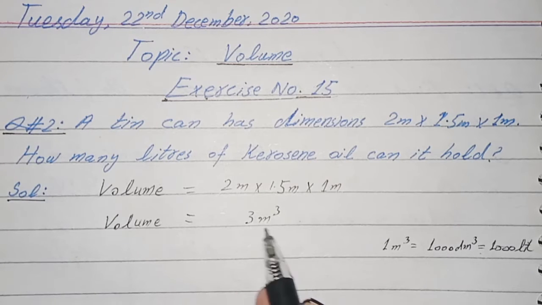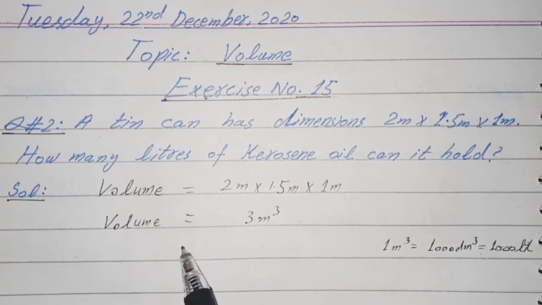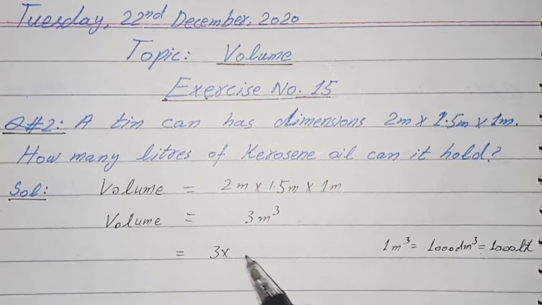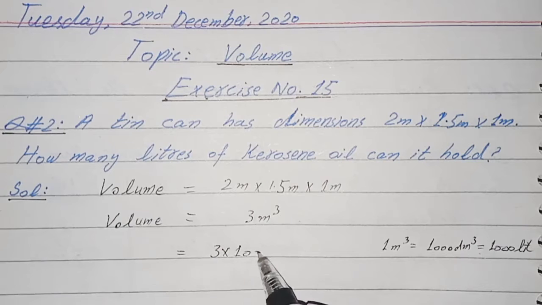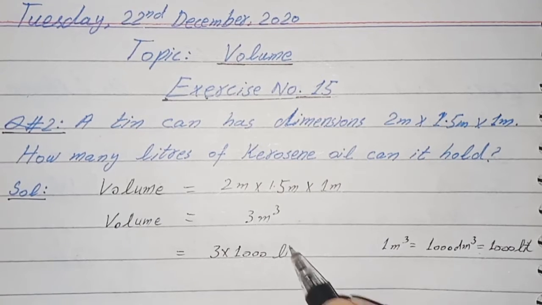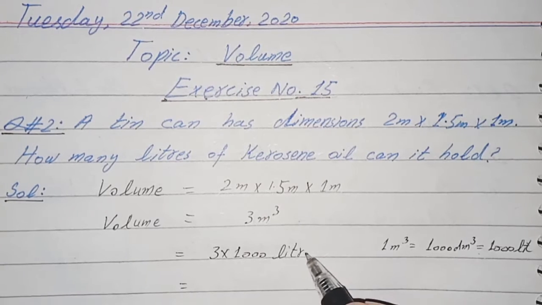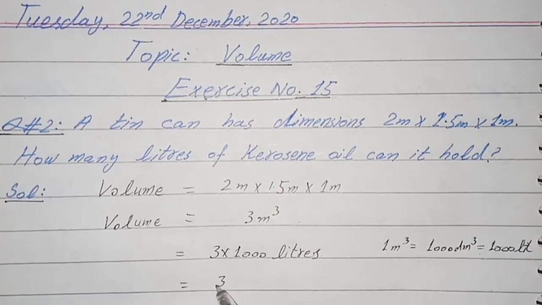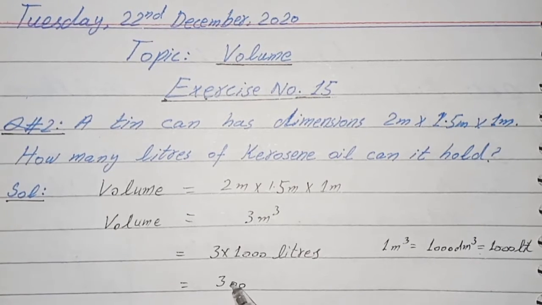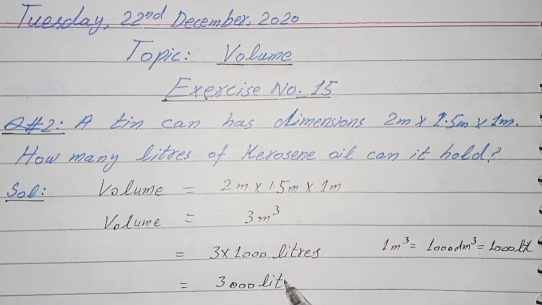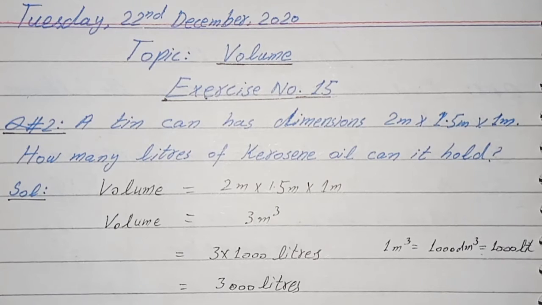We want to change meter cube into liters. We will multiply with 1000. 3 multiply 1000. The answer will be in liters. So 3 multiply 1000 is equal to 3000. 3000 liters is the answer.